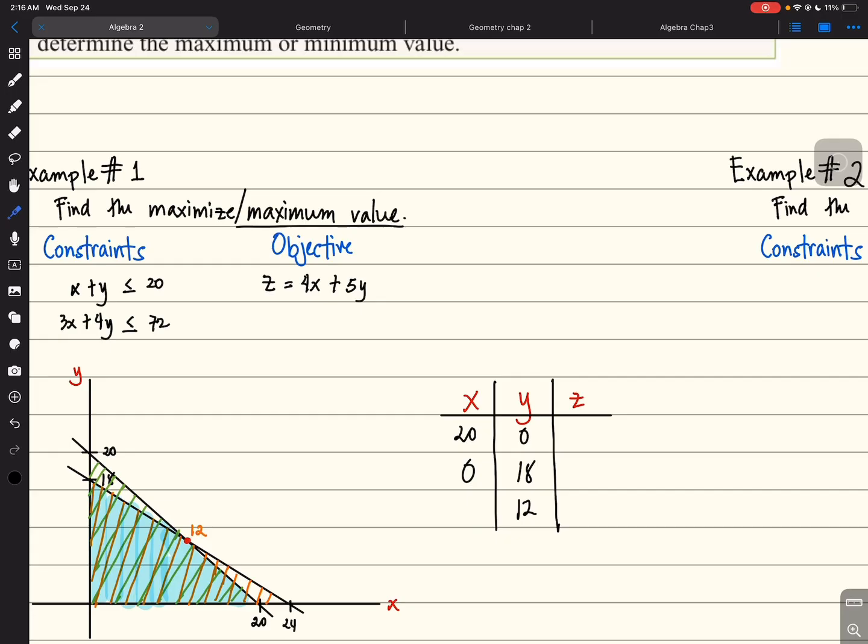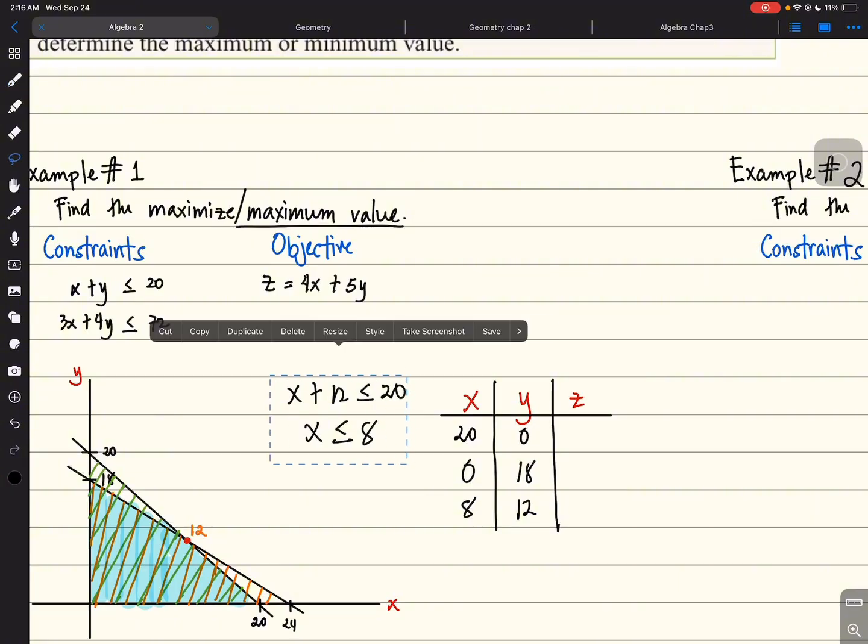All you have to do is substitute the value of y into the first inequality. So x plus y, that is 12, less than or equal to 20, and then transpose positive 12 to the other side, it will become negative. So the value of x is 8. So right here, 8. Okay.